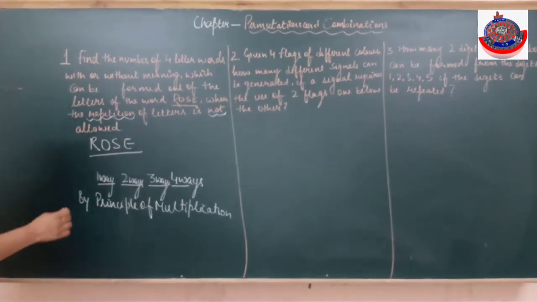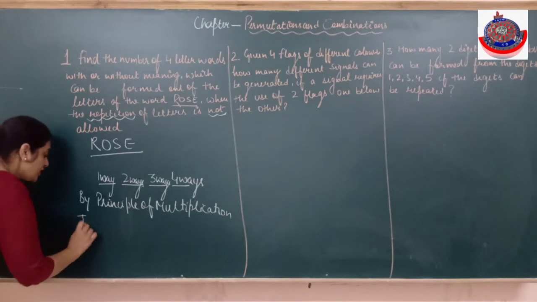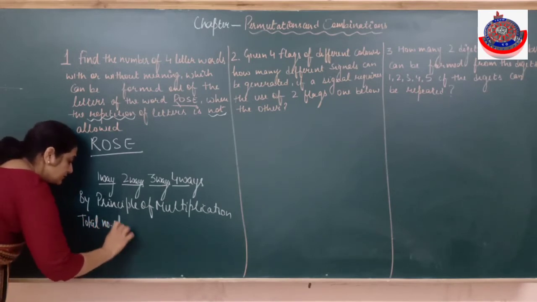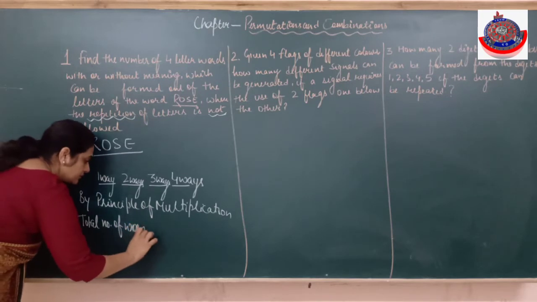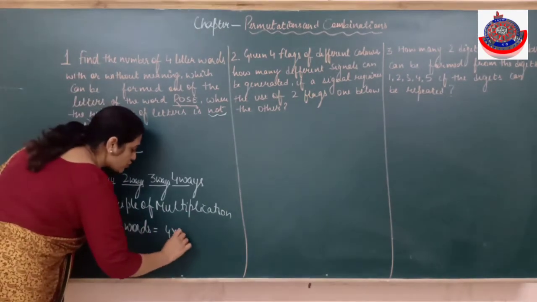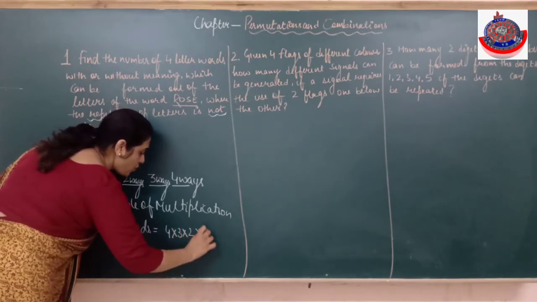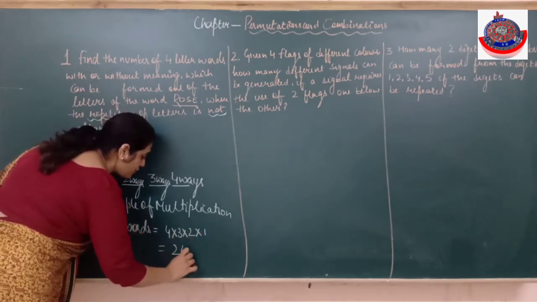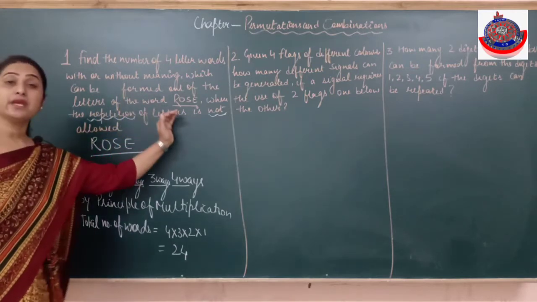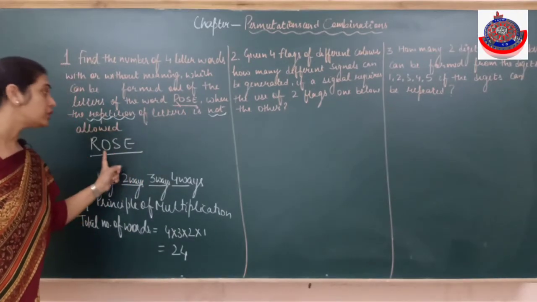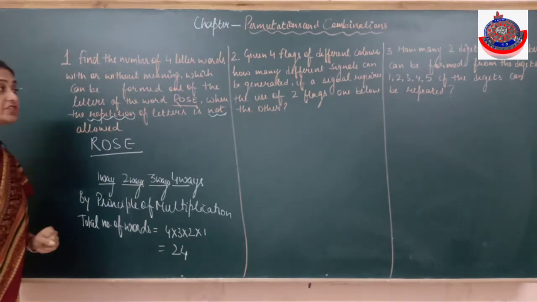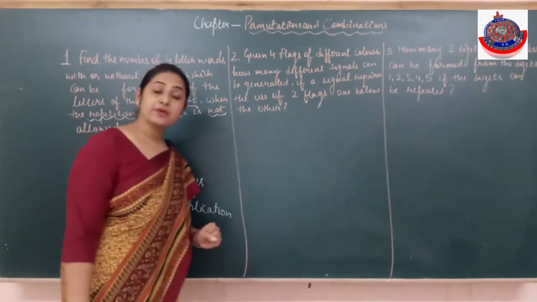So by principle of multiplication, the total number of words without repetition is 4 into 3 into 2 into 1. So 24 words are possible, with or without meaning, using the letters of the word rose where the repetition is not allowed. I hope it's clear to everyone.